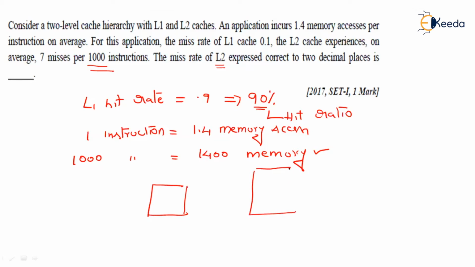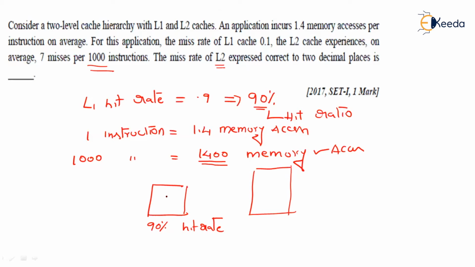Now level 1 will have a 90% hit rate. So 90% meaning out of 1400 memory accesses, 90% will be found in L1 itself, right?